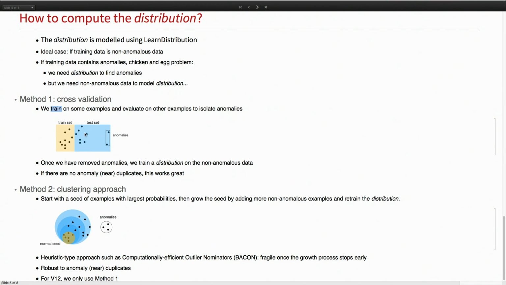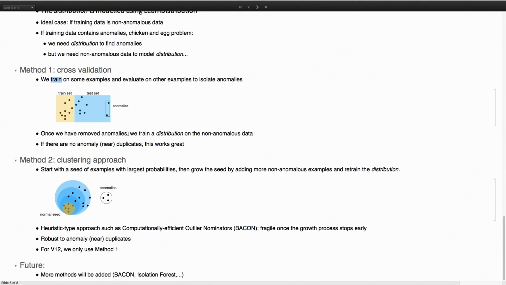After removing all the anomalies by cross-validation, you retrain a distribution on the anomaly-free data. This method would work if you have no duplicates in anomalies. But if you have anomalies that are similar to each other at one point, you might put too much mass of the distribution on top of that, and you would make the probability density large at those points, and you would just make mistakes.